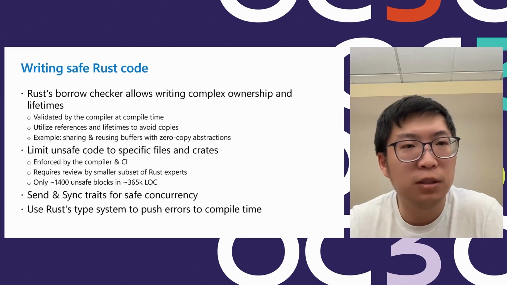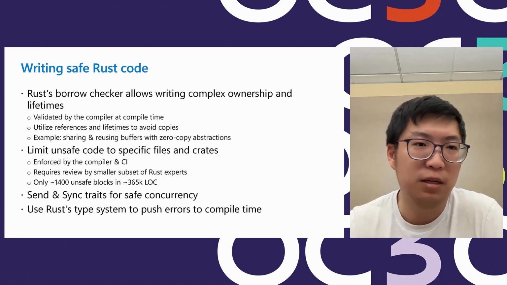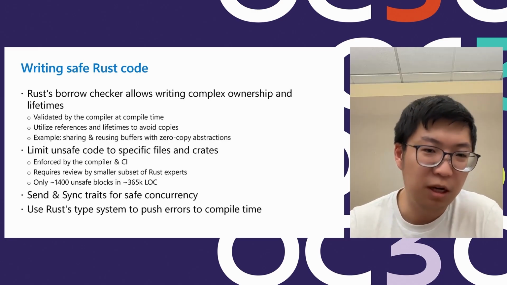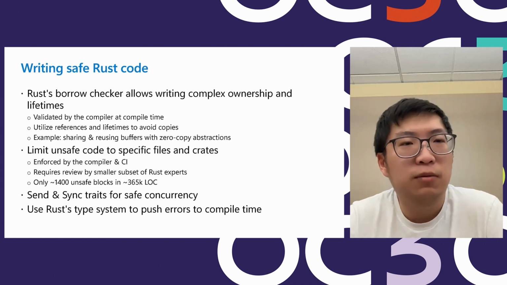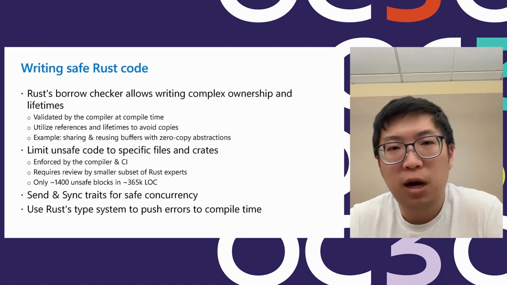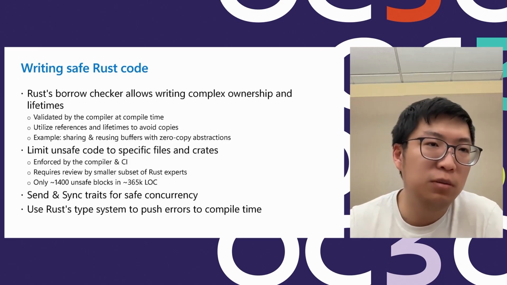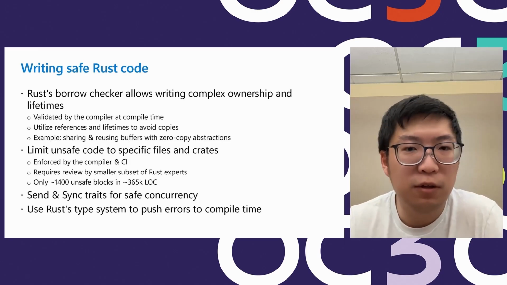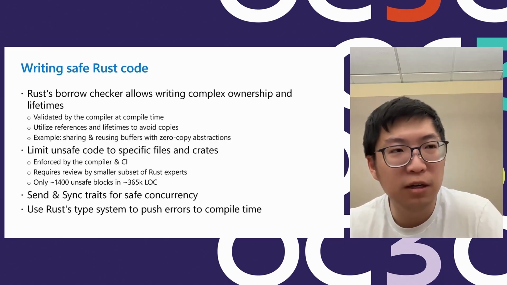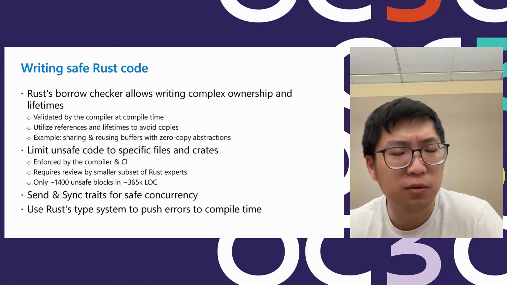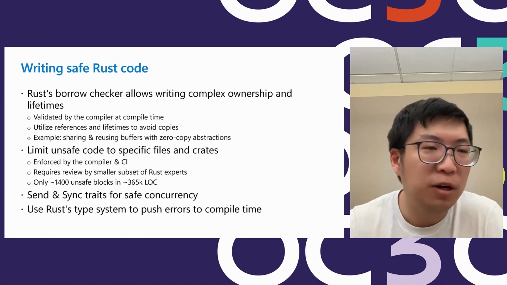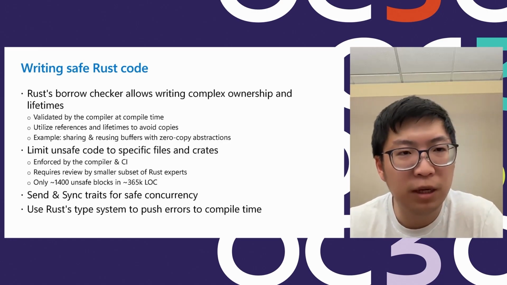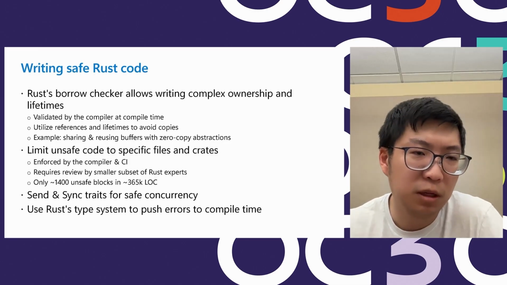And a big part of that is our ability to write safe Rust, not just unsafe Rust. What you get with safe Rust is the borrow checker, the compiler. It helps you reason about the safety of your code and push a lot of those bugs that you would find later at runtime or in testing to compile time, right? The Rust borrow checker lets us manage buffers and ownership in a way that you can't really do with C and C++.